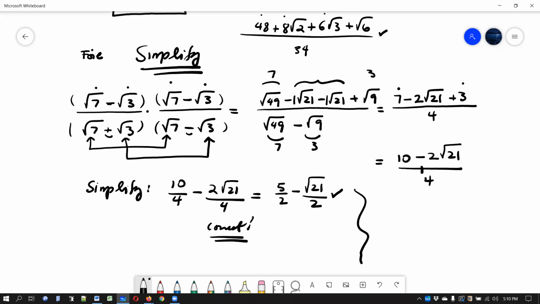Okay. This on the right side would be incorrect. The student would look at the 2 and 4, simplify this by 2, simplify this by 2, and write this answer maybe. Or even worse, at this point, simplify this by 2, simplify this by 2, and get this answer.